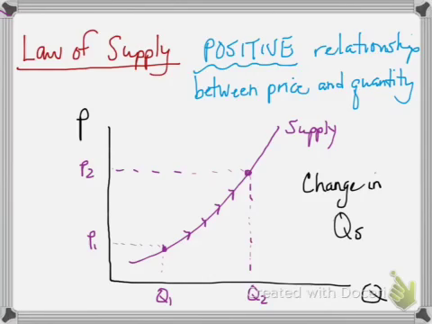And as we move along the stationary supply curve, we would call those different points along that supply curve a change in the quantity supplied. When price changes, the quantity supplied changes. So price and the word quantity go together.